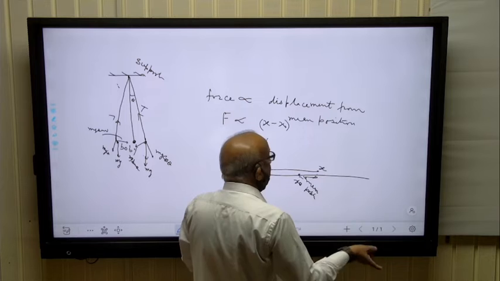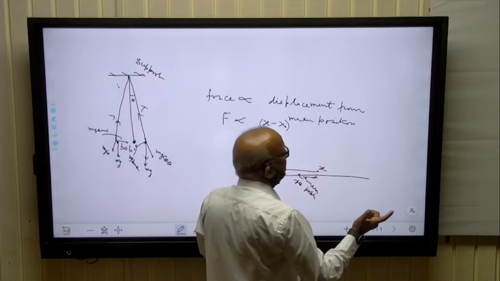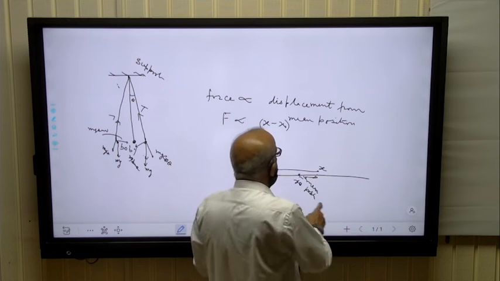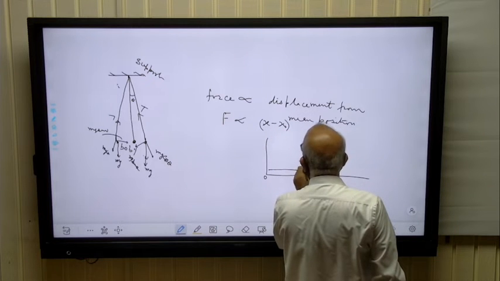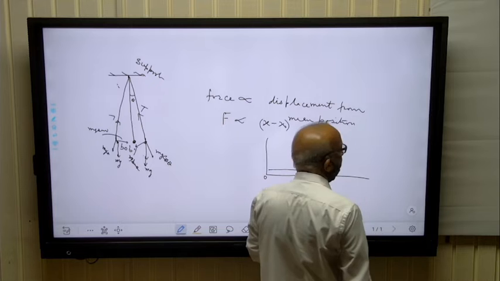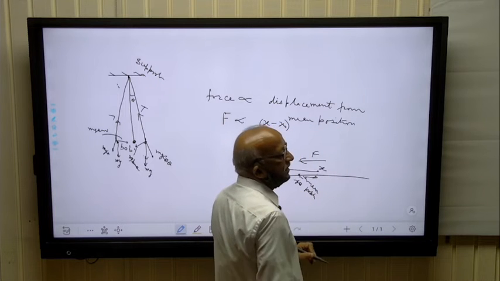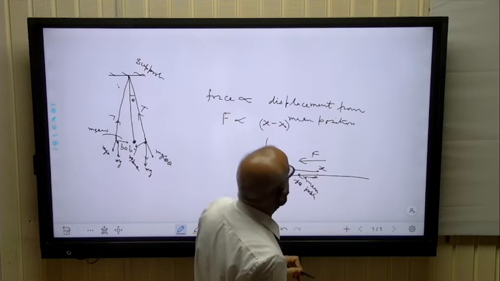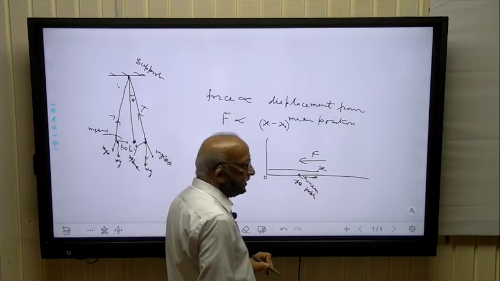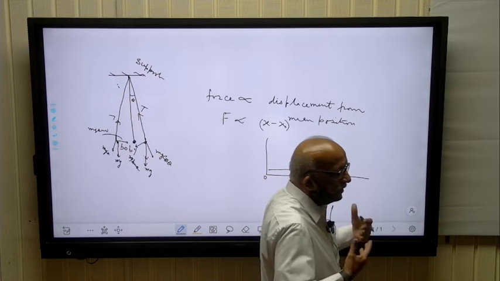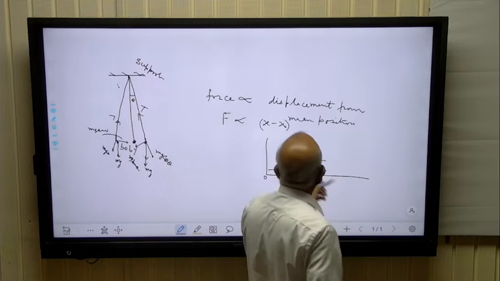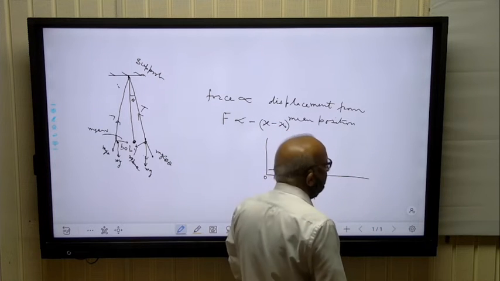But force always works against the displacement. Therefore, displacement is in this direction, so force must be like this, because displacement and force are vector quantities. Therefore, in order to show the opposite direction, we put a minus sign.